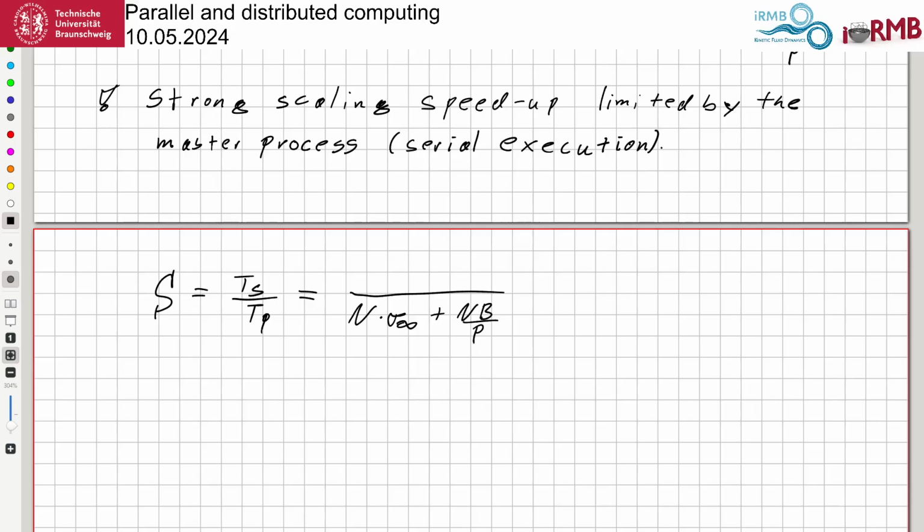So what do we usually do if we have an equation for the parallel execution and we want to evaluate this for serial computation? Serial computation is when the number of parallel computers is 1, right? So we can just put p to 1.